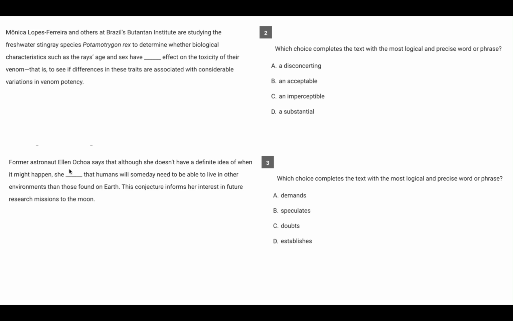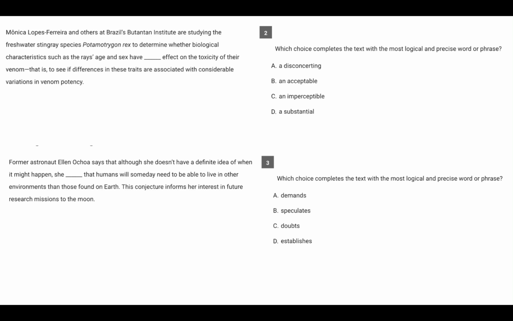And then look at the first sentence. Although she doesn't have a definite idea of when it might happen. So she doesn't have a definite idea, but she still does something. So what can someone do? Or what can someone say about a certain topic when he doesn't have a definite idea of that topic? He will give an opinion. Is that right? Yeah, or he will make some kind of prediction.